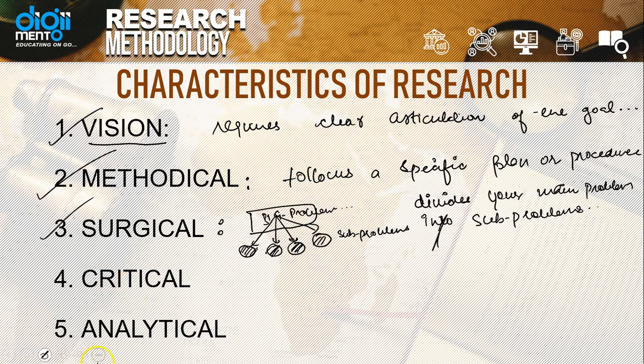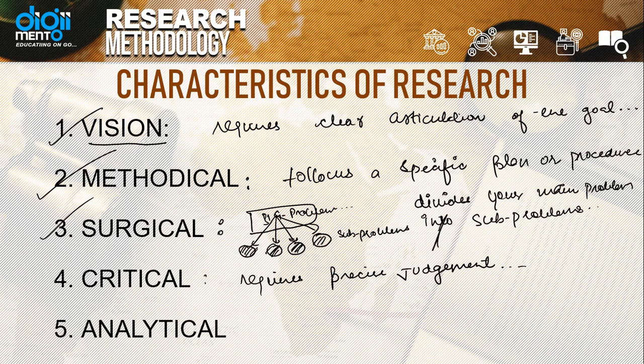Now the critical. In the critical, you should accept some critical assumptions in the whole research journey. Critical requires precise judgment, and you have to accept certain kinds of critical assumptions in the whole research.